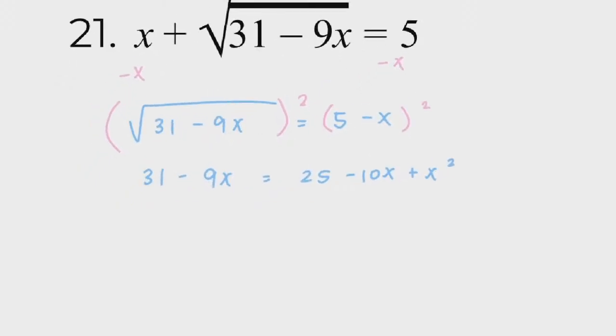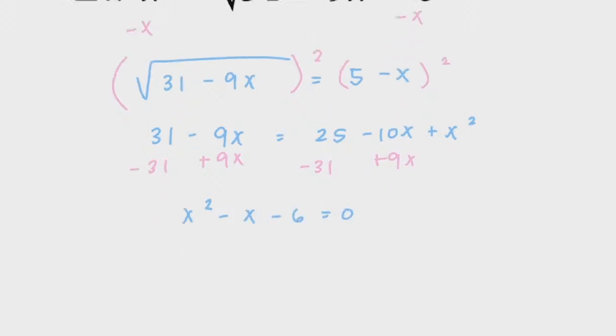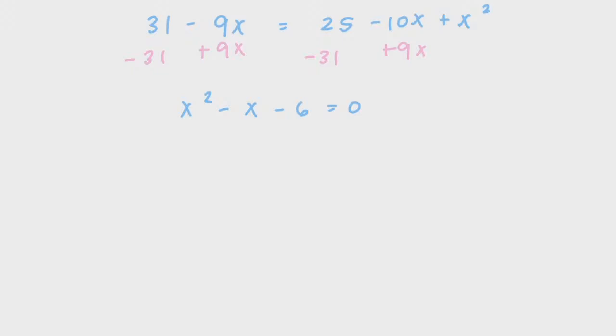And now we want to move all of the x's to one side. So I'm going to add 9x and subtract 31. So we get x squared minus x minus 6 equals 0. And then to solve from here, we want to factor. So on the top is going to be negative 6, on the bottom is negative 1. So we're looking for two numbers that multiply to negative 6 and add to negative 1.